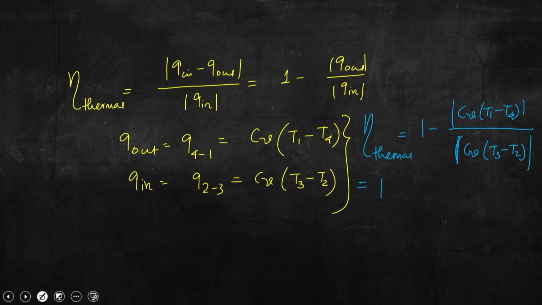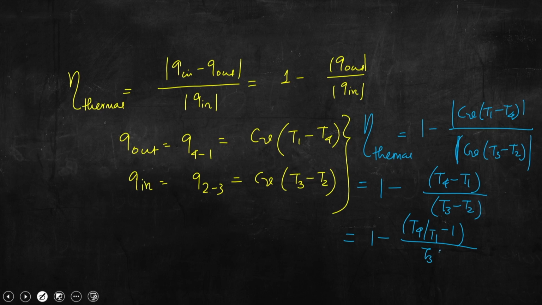So, if we write one step further, 1 minus T4 minus T1 divided by T3 minus T2. So, it would be 1 minus T1 into T4 by T1 minus 1, divided by T2 into T3 by T2 minus 1, that is, times T2 by T1. So, this is the expression.